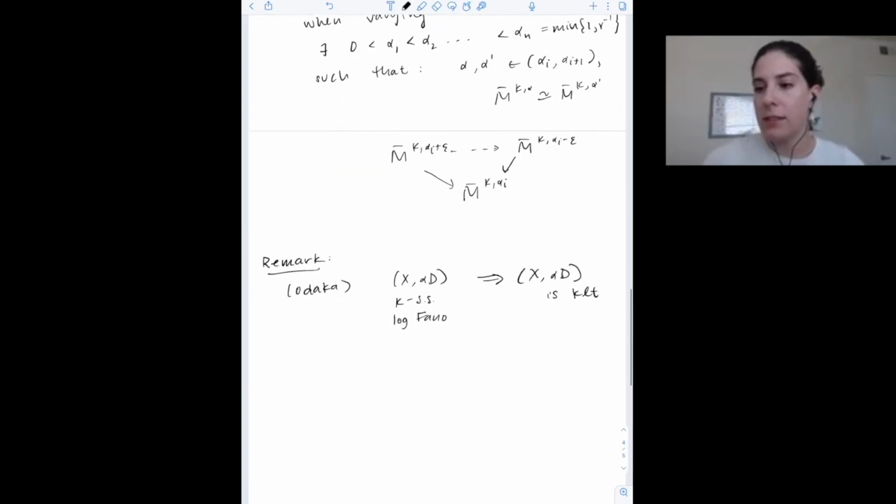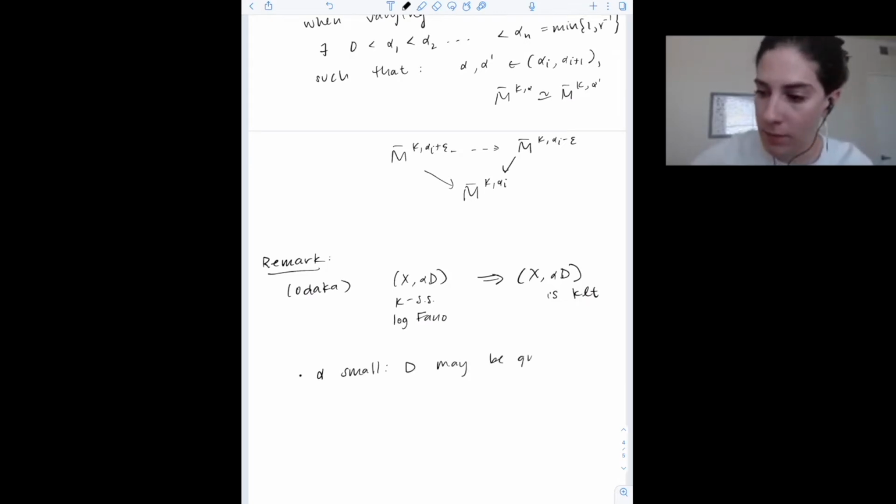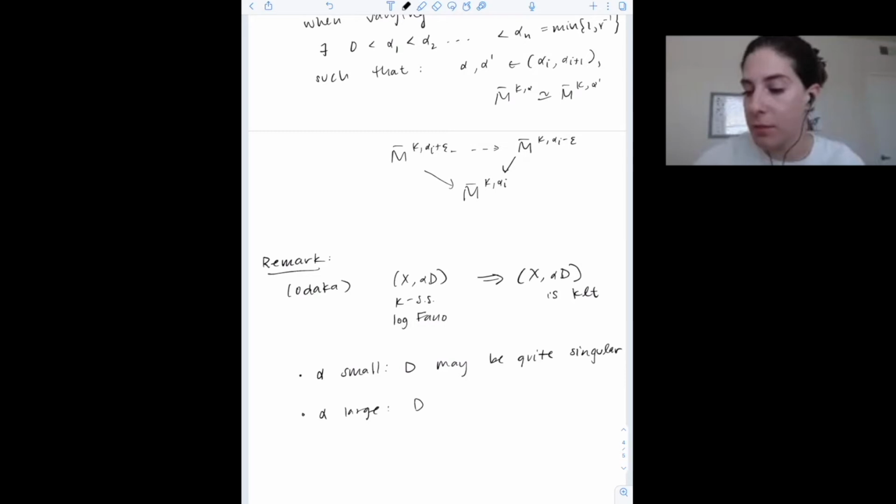And this gives at least some idea of how these moduli spaces could depend on alpha, because if alpha is quite small, the divisor D could be quite singular. It could be, I mean, everywhere non-reduced. But when alpha is large, in order for X, alpha D to be KLT, D can only be mildly singular.